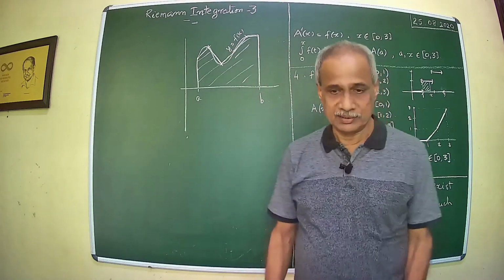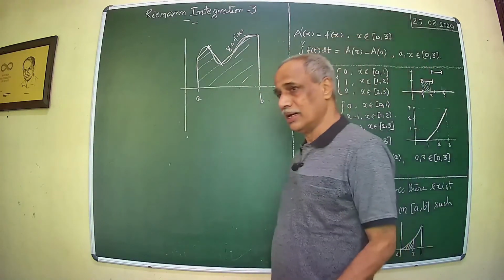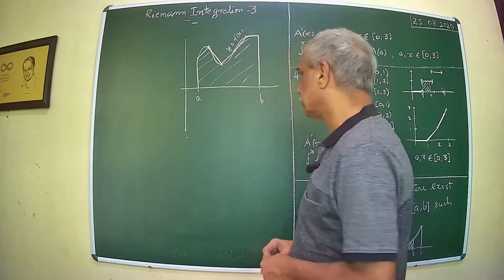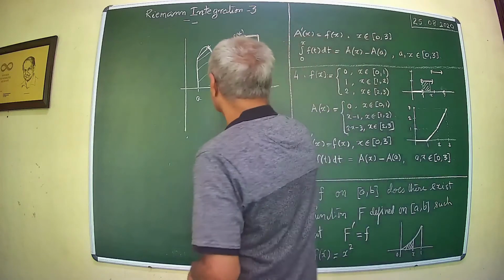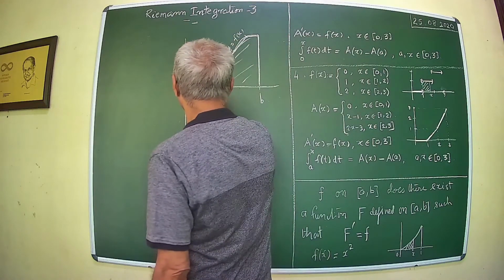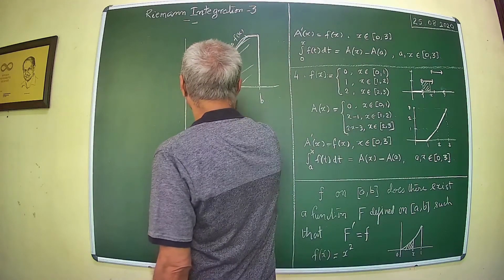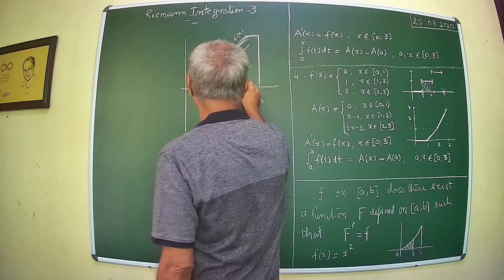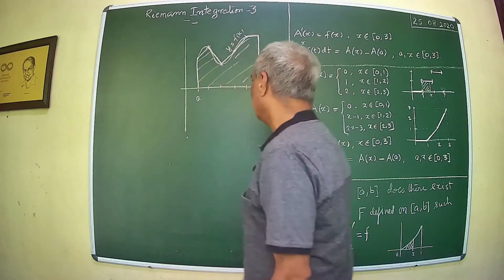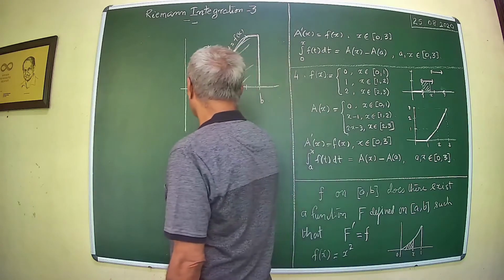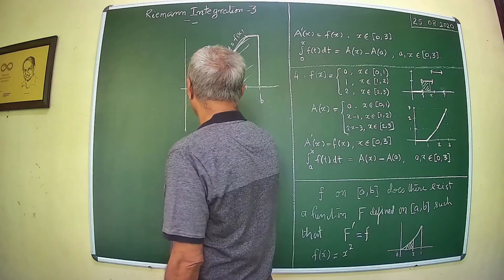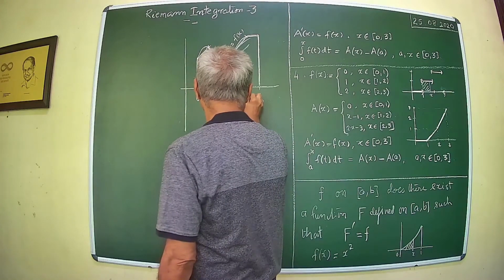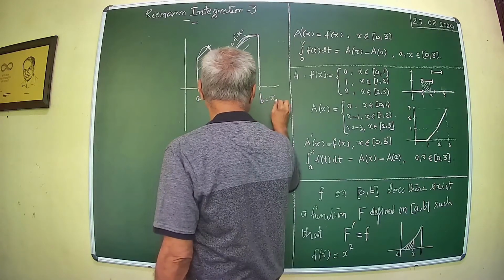Is it possible? Now, this is the question that arises. Now you see that the points we have marked on the curve actually induce a partition of the interval A, B, say a equal to x0. This is x1, this is x2, this is x3, this is x4, this is x5.